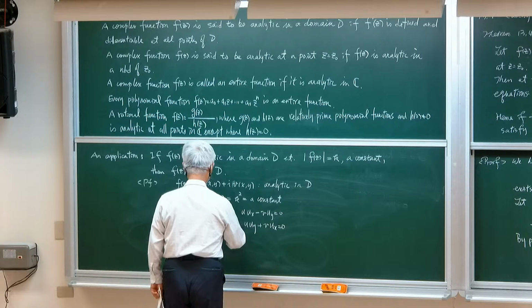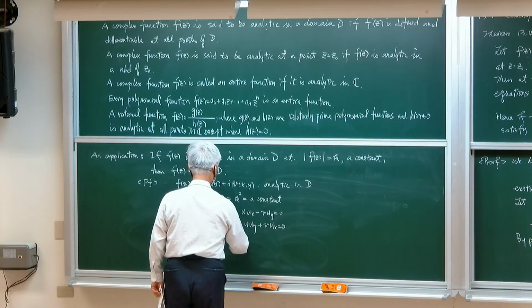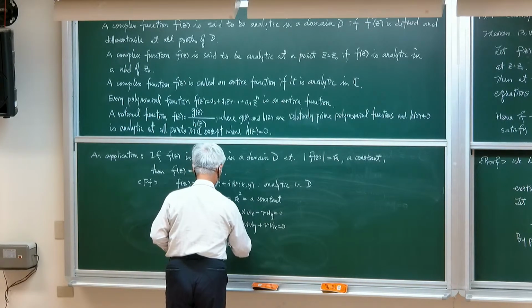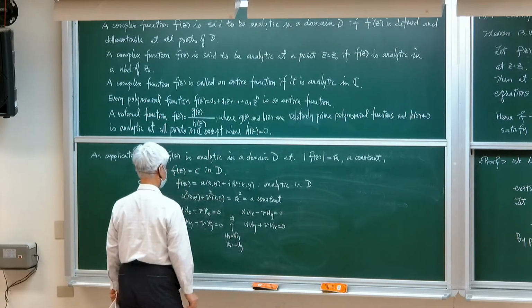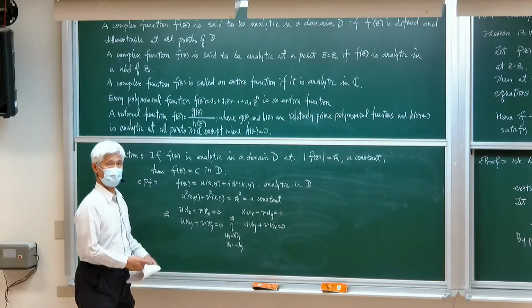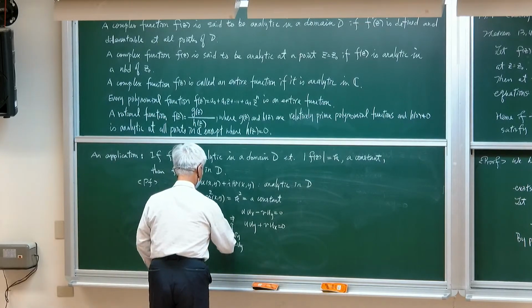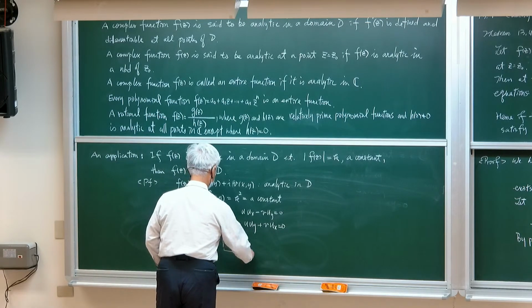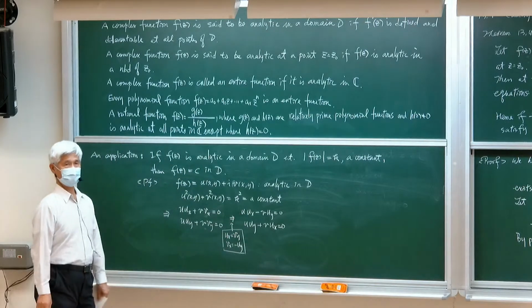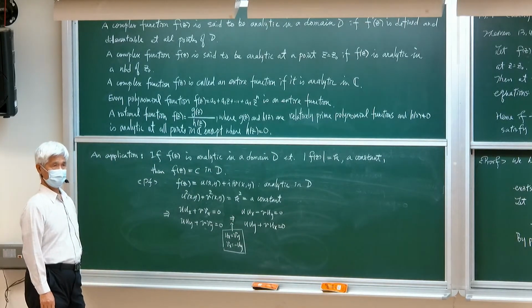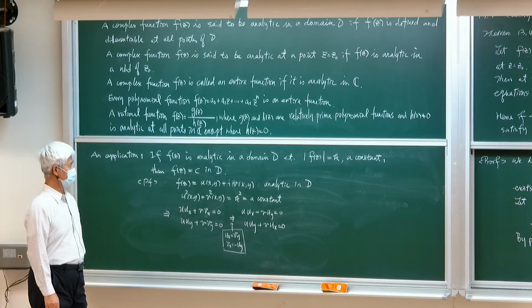So here we know u_x is equal to v_y, and v_x is equal to minus u_y.